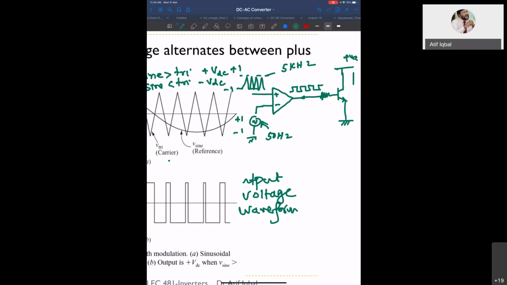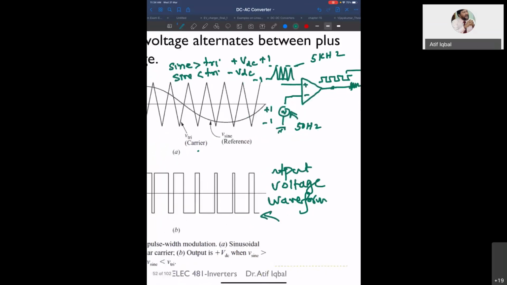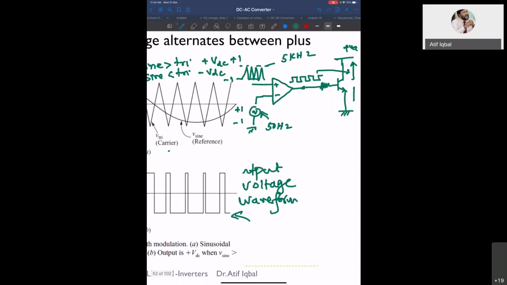Now you see at the output we get the voltage. This voltage will be the same as this. Like this is your actual output voltage.